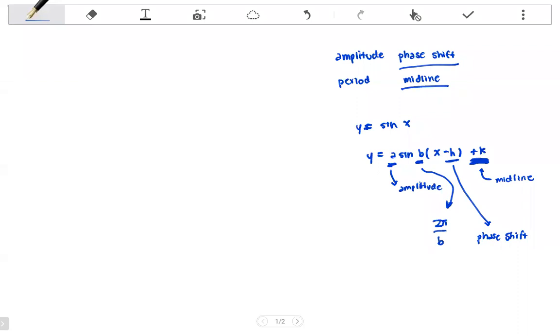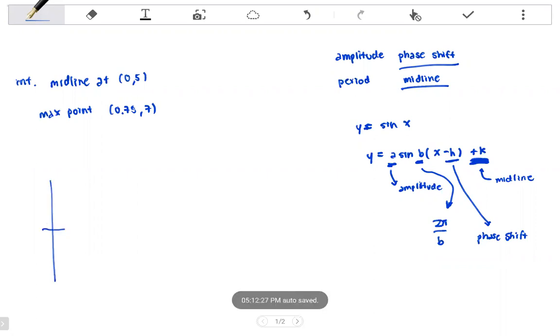So let's say we're shown that the graph of a sinusoidal function intersects its midline at (0, 5), and it also has a maximum point at (0.75, 7). Right? And we're told, write the formula of the function where x is entered in radians. Okay. So sinusoidal functions, let's start by drawing this.